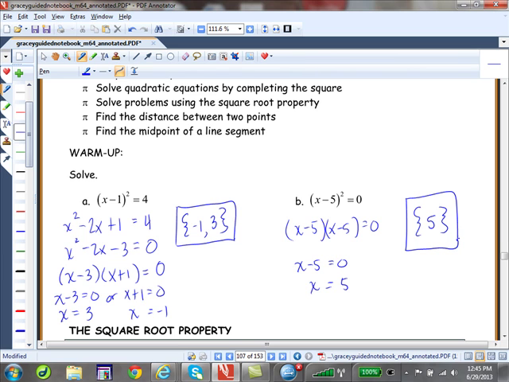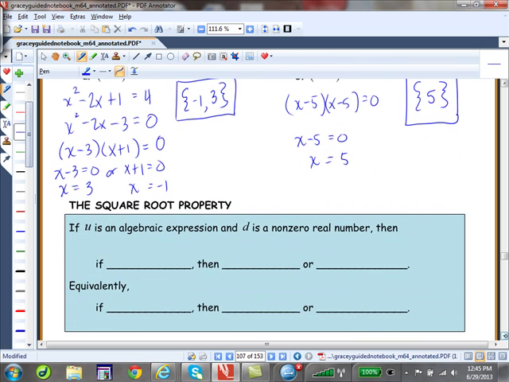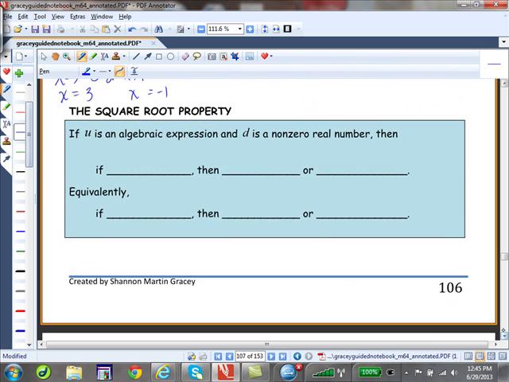All right. So, moving right along, we go into the square root property. So here we go.